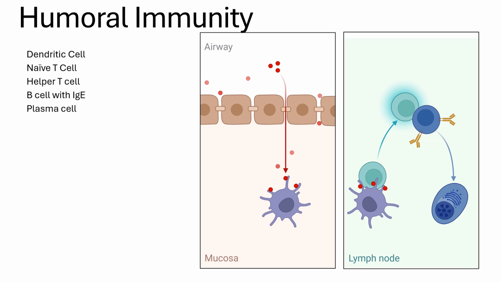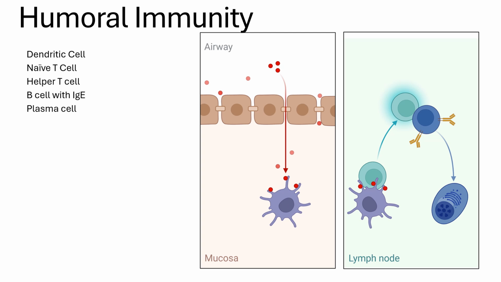So this dendritic cell can't directly communicate with B cells and say, hey, I found this thing. Maybe you want to, I don't know, make some immunoglobulins? But it's a helper T cell that can facilitate the communication between the dendritic cell and the B cell.